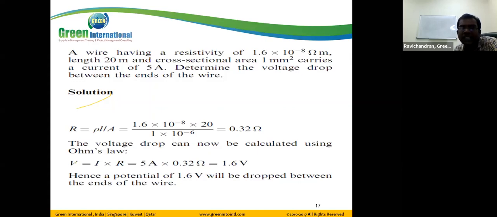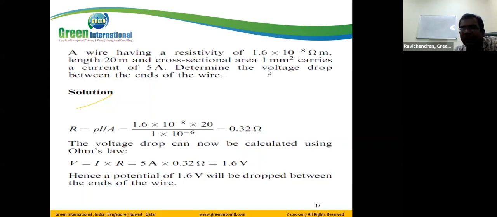In general, the SI unit for cross-sectional area is meter square, so we must carefully convert this mm square into meter square. And this wire carries 5 amps. Now they ask for the voltage drop of the wire.